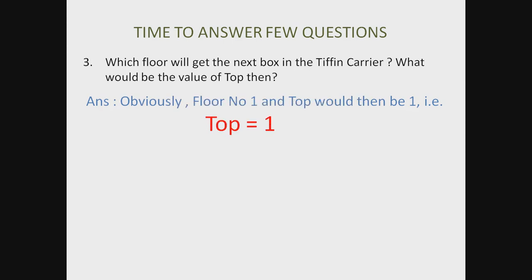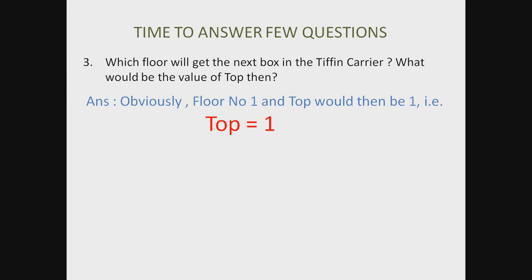Why would the value of top be 1? Because now the topmost box that has been put in the tiffin carrier and has food in it is at floor number 1. So top is equal to 1. If it had been a list, we would have said the element that has been most recently put in the list has been put in subscript number 1.